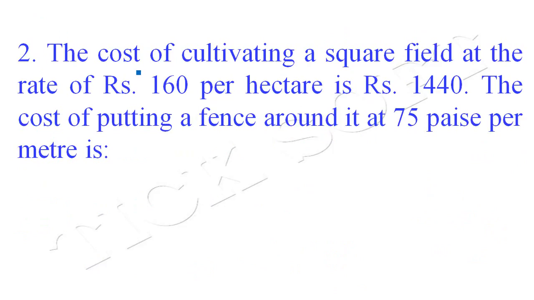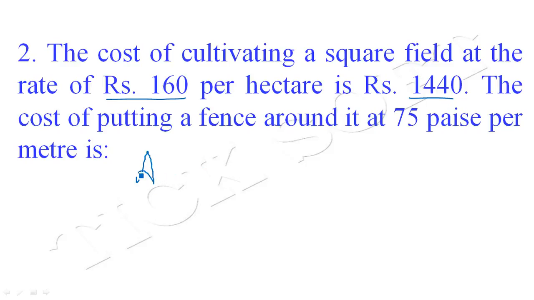Now the second question is, the cost of cultivating a square field at the rate of rupees 160 per hectare is rupees 1440. The cost of putting a fence around it at 75 paise per meter is. Listen, the cost of cultivating the square field at the rate of rupees 160 is 1440.